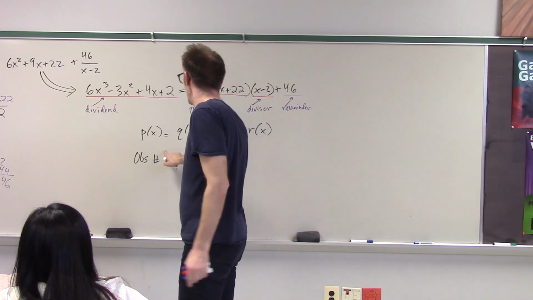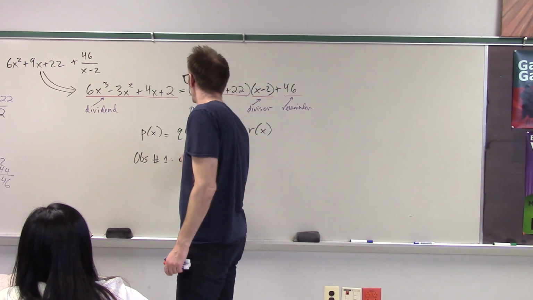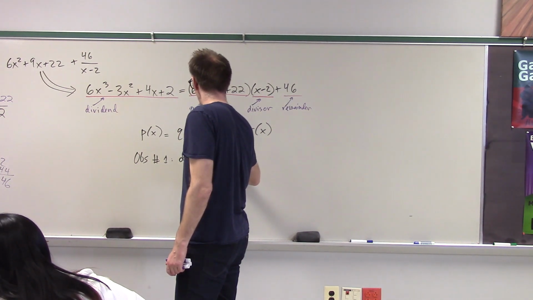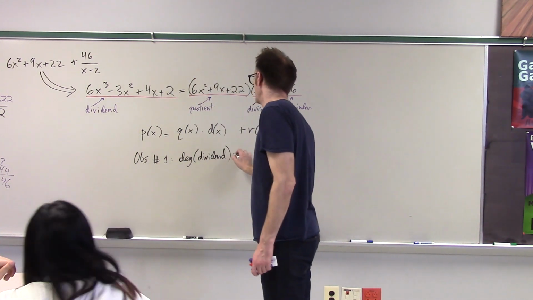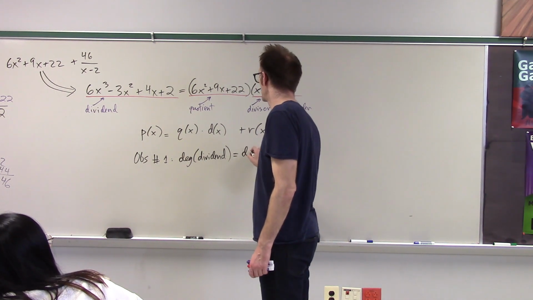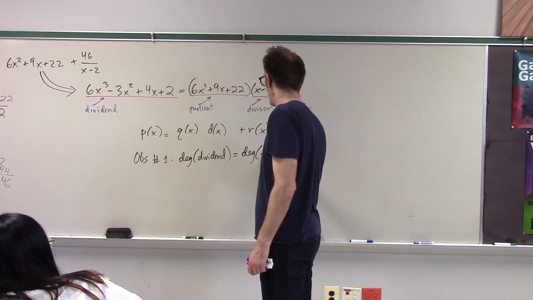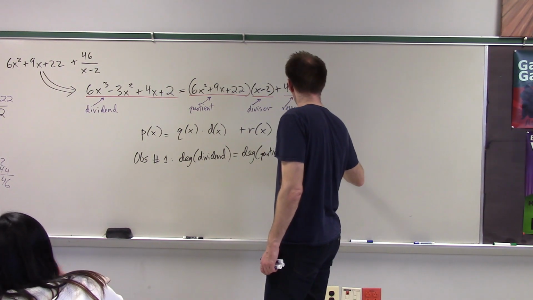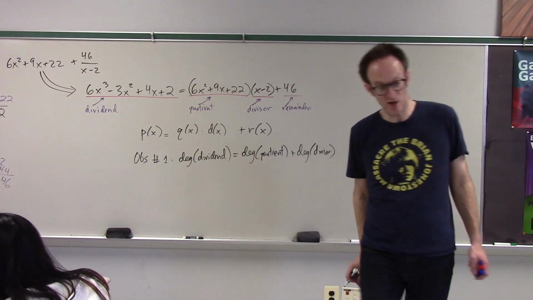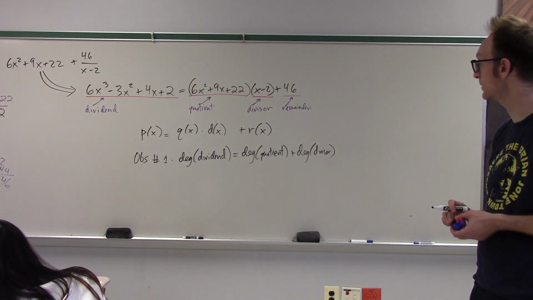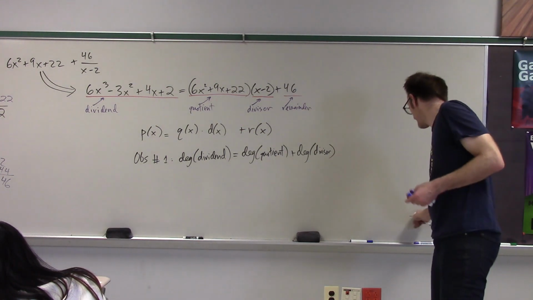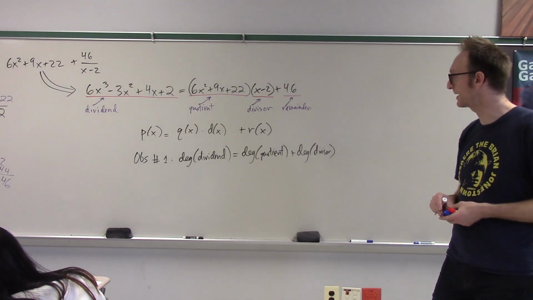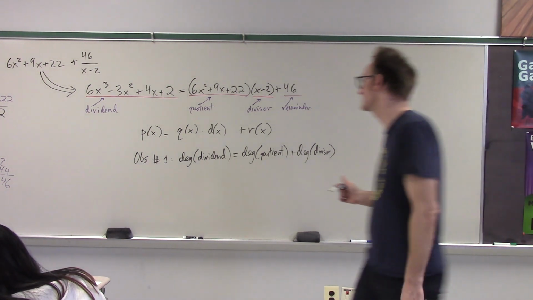Yeah, so because of that fact, the degree of the dividend polynomial is going to be equal to the sum of the degree of the quotient and the degree of the divisor. Because when you multiply two polynomials, based on the way exponents work, the resulting polynomial has a degree which is the sum of the degrees of the two polynomials you're multiplying. Who's with me?